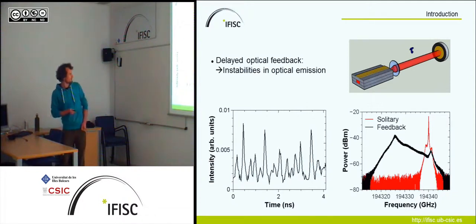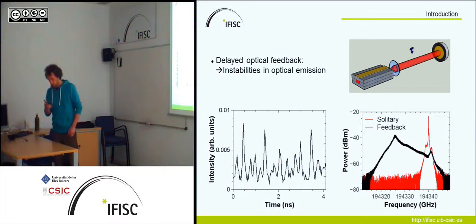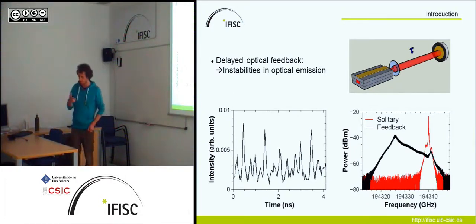Here is a slightly different representation to make this a bit more obvious. Here's a free-space laser diode coupled to delayed optical feedback, realized by a mirror and a collimation lens. One of the most direct consequences of delayed feedback you can see on the left.